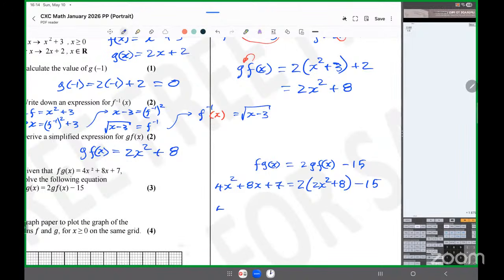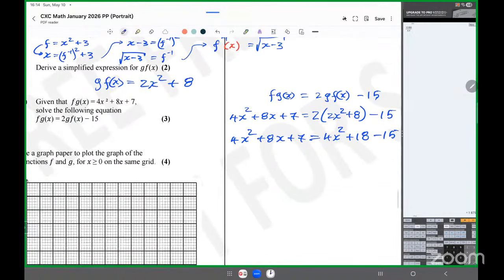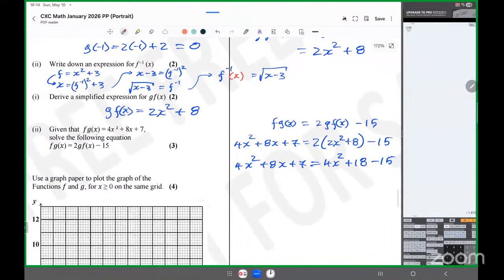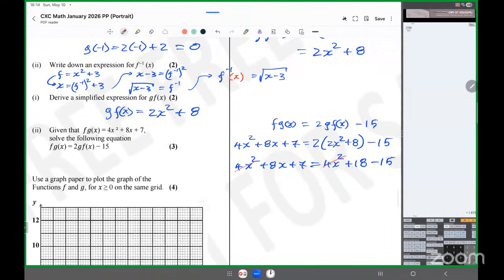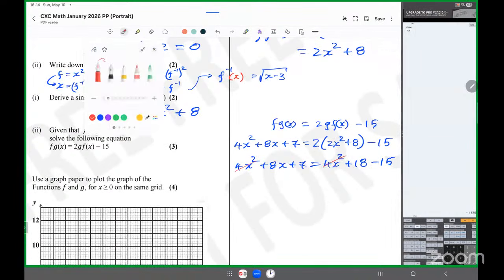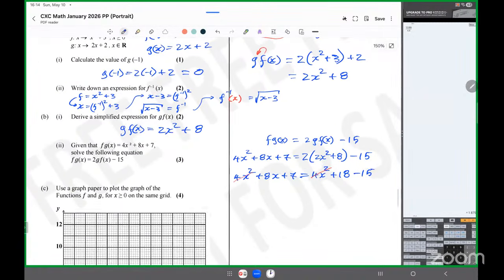This stays 4x squared plus 8x plus 7 equals, expand this bracket. We're going to get 4x squared plus 16 minus 15. So what happens now is that this 4x squared here and 4x squared here cancel each other. And then this 7 goes over here.